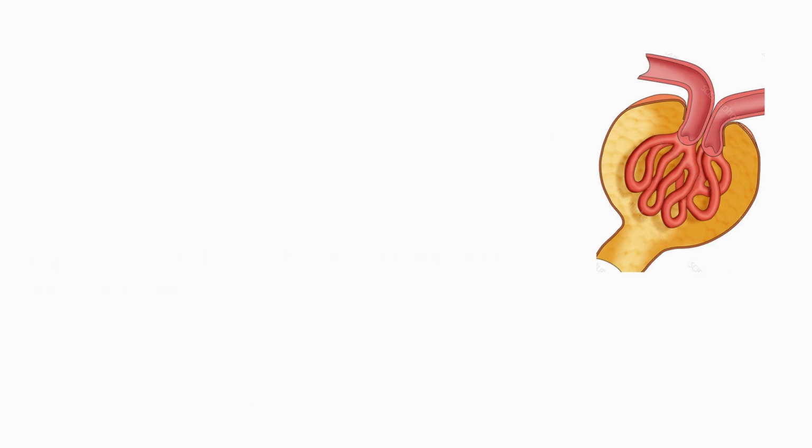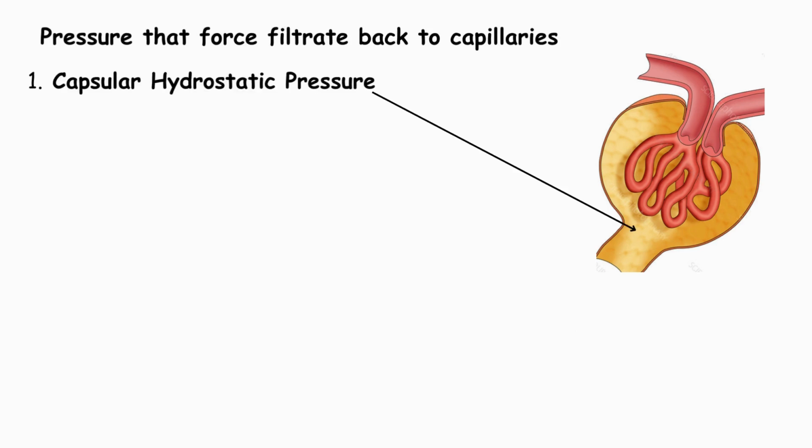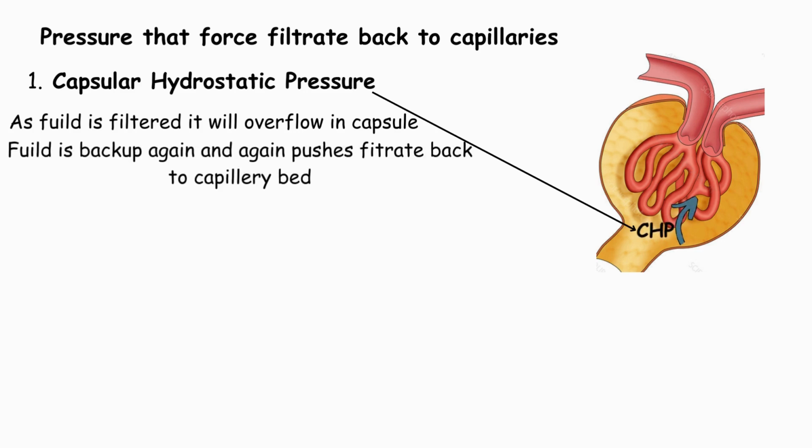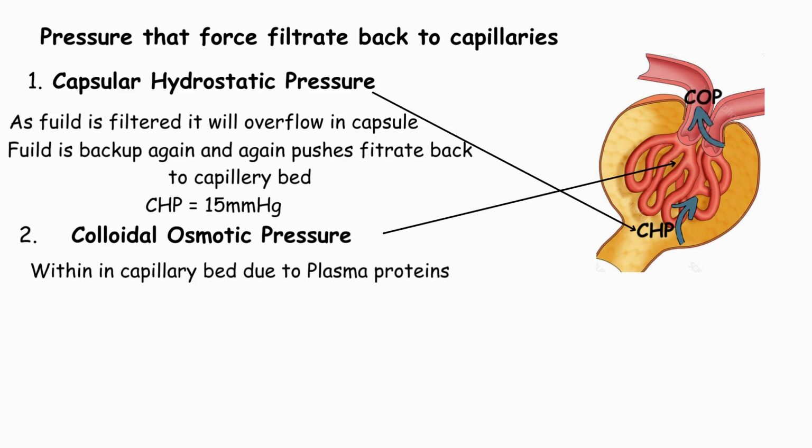Now comes the pressure that forces filtrate back to capillaries. Capsular hydrostatic pressure within Bowman's capsule is due to the filtered fluid that will overflow in the capsule. Fluid backs up again and pushes filtrate back to the capillary bed. This is 15 millimeters of mercury. Colloidal osmotic pressure within the glomerular capillary bed is due to plasma proteins.